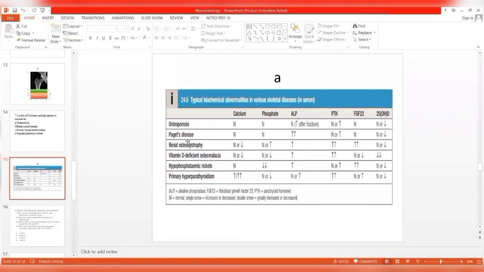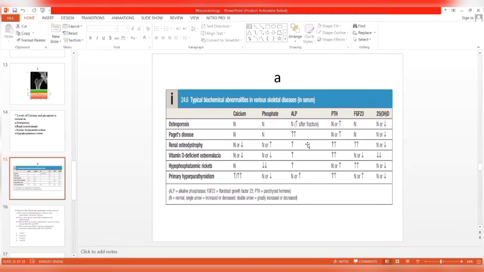Then Paget's disease. We have said that in Paget's disease the trabeculae will change and the volume of the bone will get increased. In Paget's disease also calcium and phosphate are normal, but due to increased turnover of the bones, ALP will be increased. There is increased lysis of the bone, is it not?